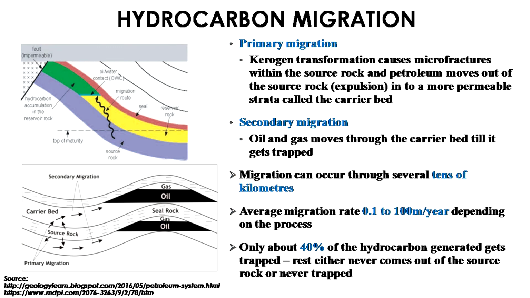All right, so we have talked about the three elements of the petroleum system. The fourth very important element in this is the hydrocarbon migration. What is hydrocarbon migration? Now, migration can be of two types, primary migration or secondary migration. What is a primary migration?